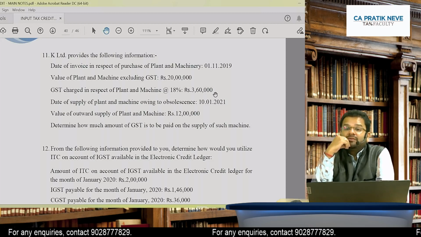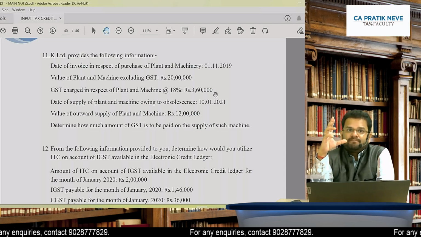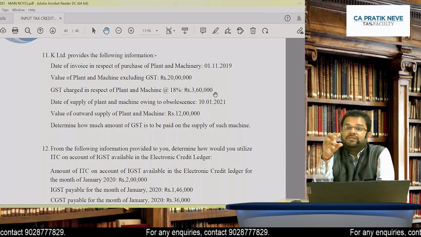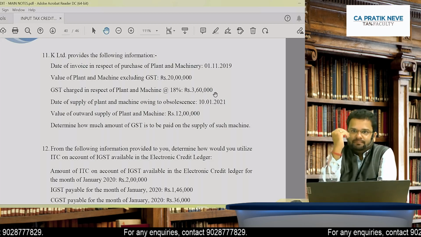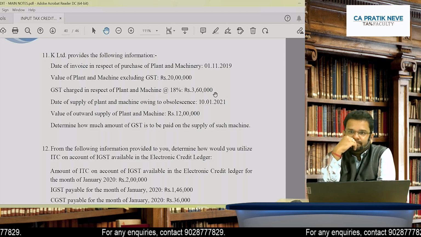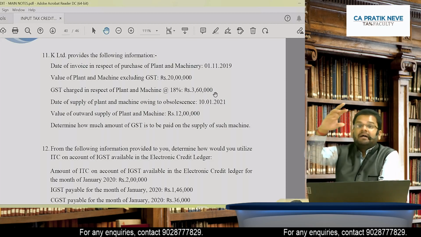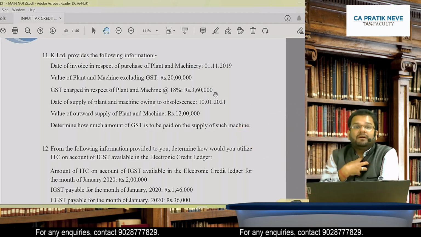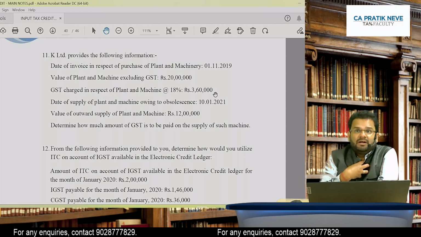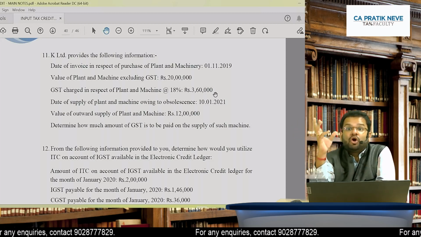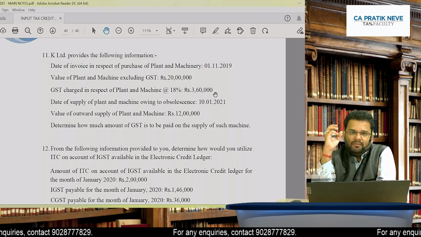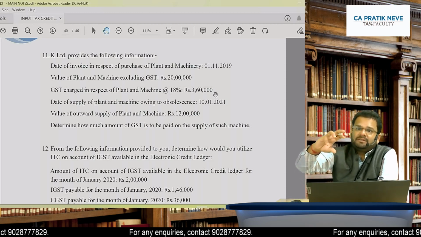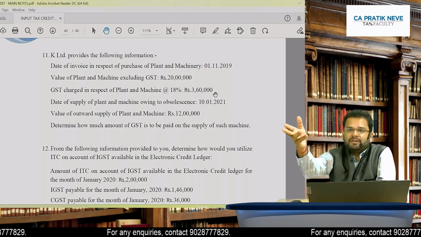I am manufacturing furniture. What I do is, I manufacture furniture which is unpainted, and Astha does painting of that furniture. So I become the principal manufacturer and Astha becomes the job worker. My unpainted furniture will leave from my premises, reach Astha's premises.